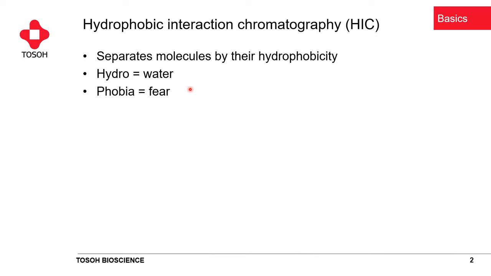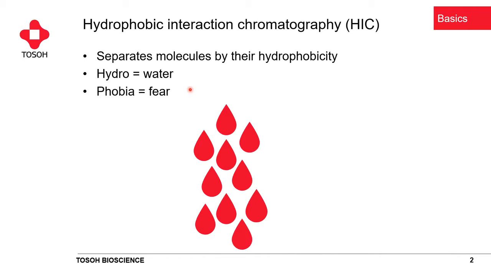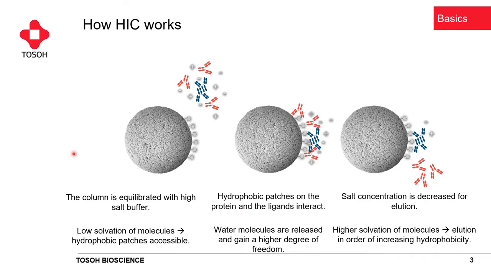The molecules we will talk about are basically afraid of water or don't feel as comfortable in polar conditions, and we will separate them by how much they don't like water. So how can we achieve the separation of differently hydrophobic molecules?